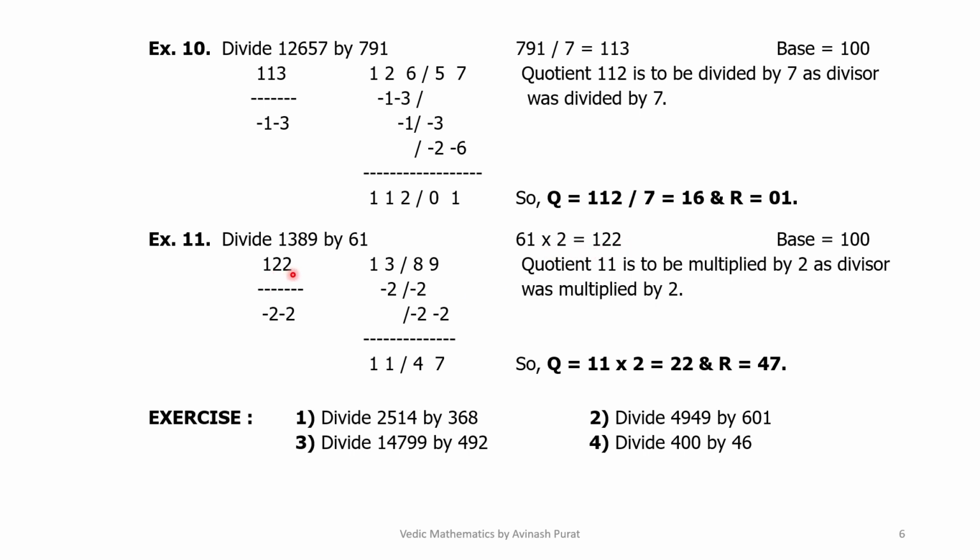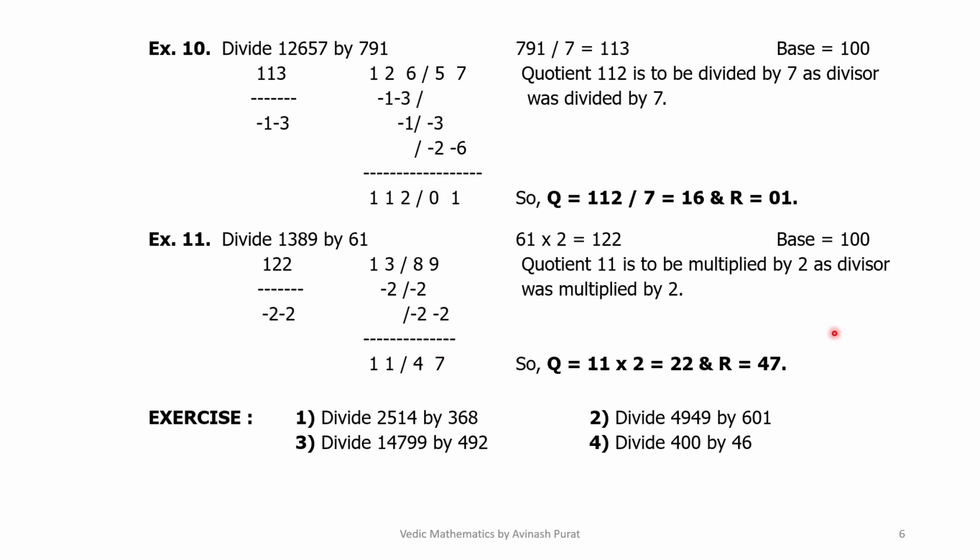So 122 is the divisor and minus 2 minus 2 is to be used. 1 taken down, 1 multiplied by minus 2 minus 2 is minus 2 minus 2. 3 minus 2 is 1, again 1 multiplied by minus 2 minus 2, and taken total, 9 minus 2 is 7, 8 minus 4 is 4.